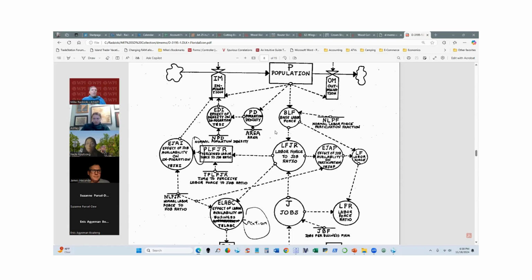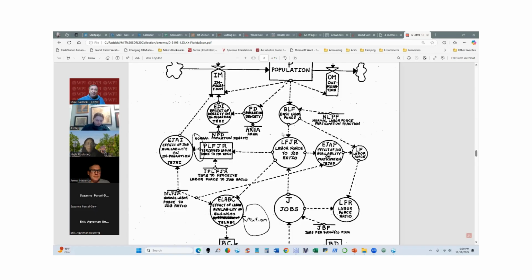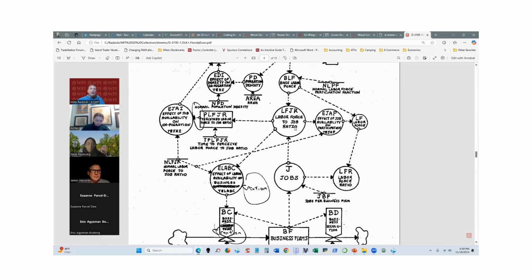All right. So let's talk our way through some of the other stuff that's in here and try to figure out what these guys were saying. Remember, we look for stocks and flows, limiting factors, right? So what do we got here? There's this labor force to jobs ratio.